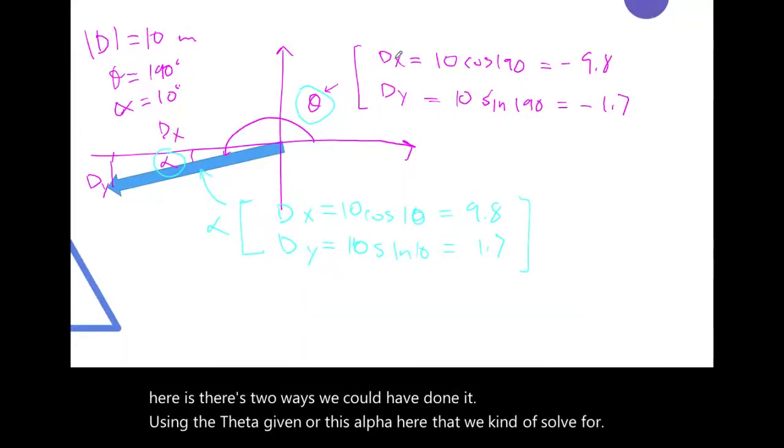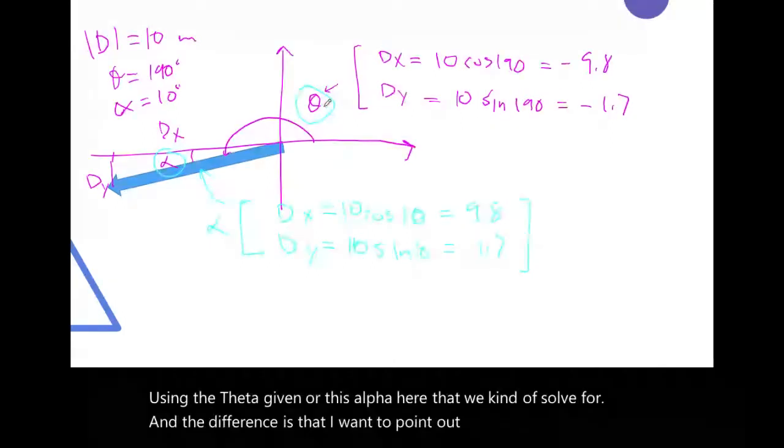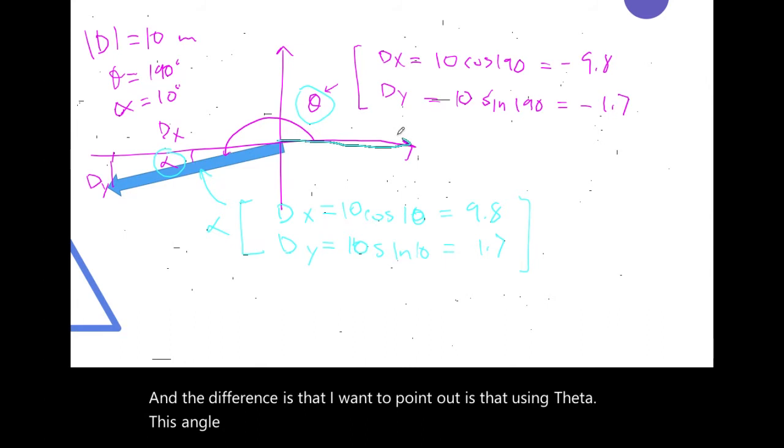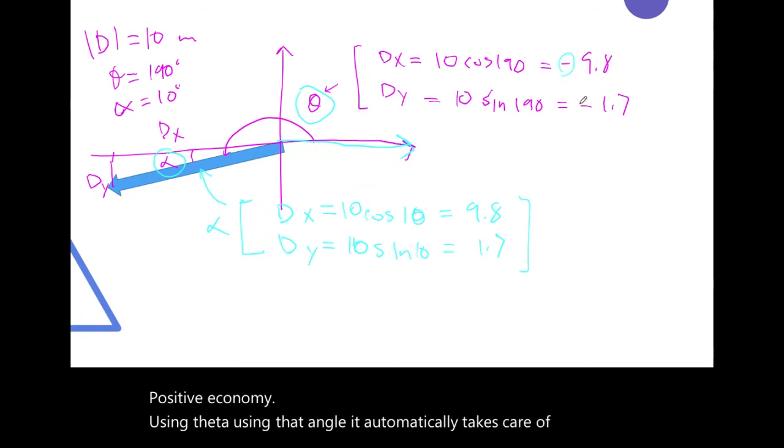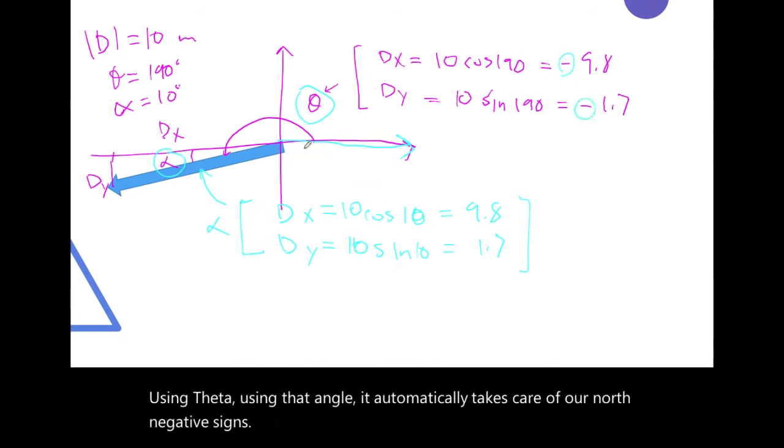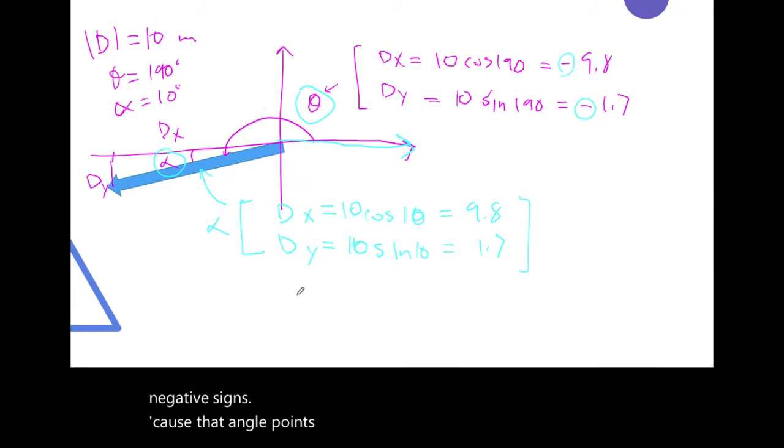The difference I want to point out is that using theta, this angle that starts at the positive x direction, it automatically takes care of our negative signs because that angle points into the negative quadrant. So that makes sense.